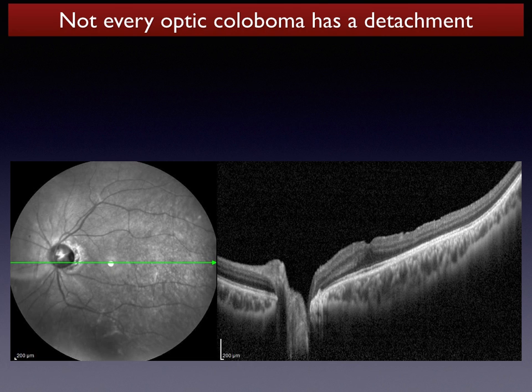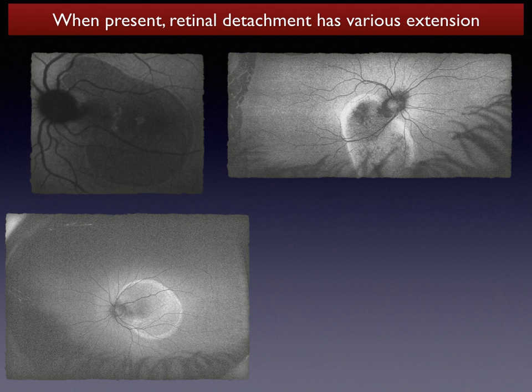Not every optic coloboma has a detachment. As you can see here in this very long scan, this boy has optic disc coloboma but no retinal detachment. In this slide you see different presentations of retinal detachment.